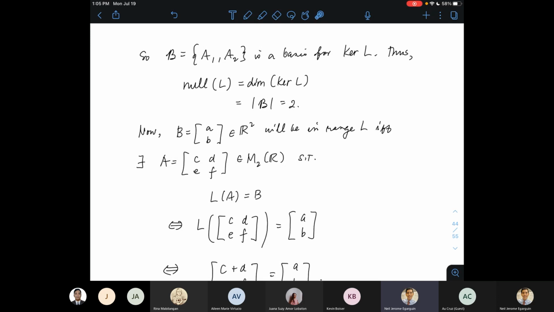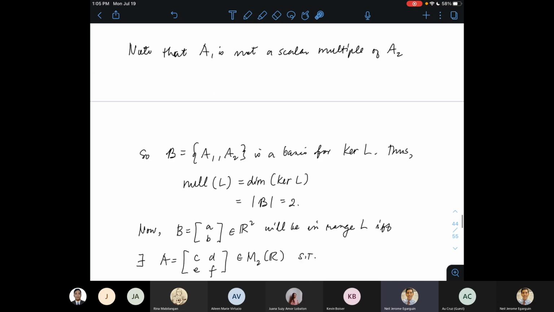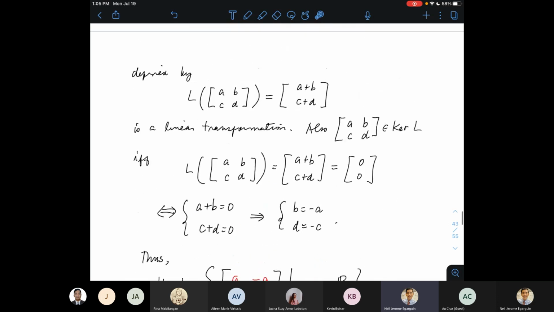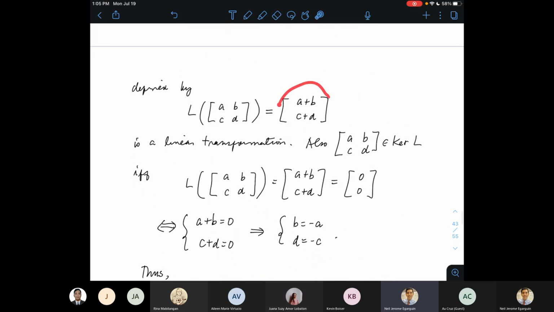And so far, we are just dealing with guesses for the range of L and show that indeed that forms a range for L. Now here I am saying that mukhang dun sa itsura ng image, the image is just comprised of the first component being the sum of the rows of the matrix in the domain.